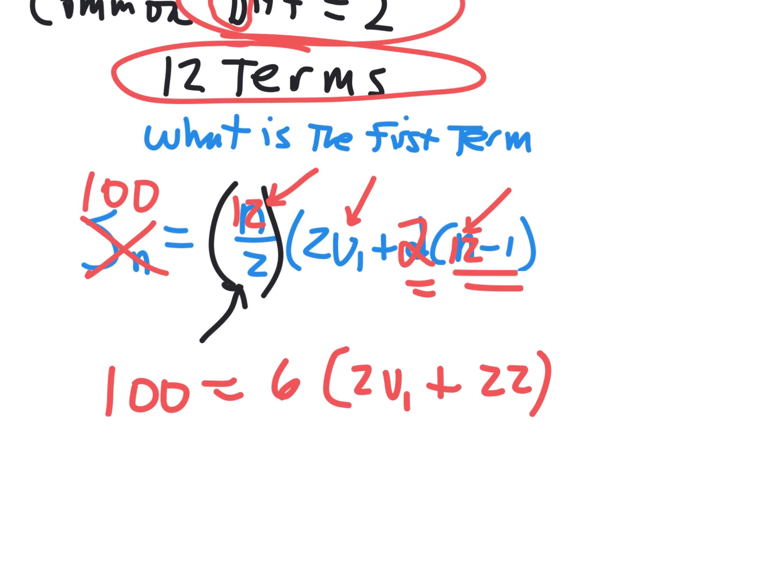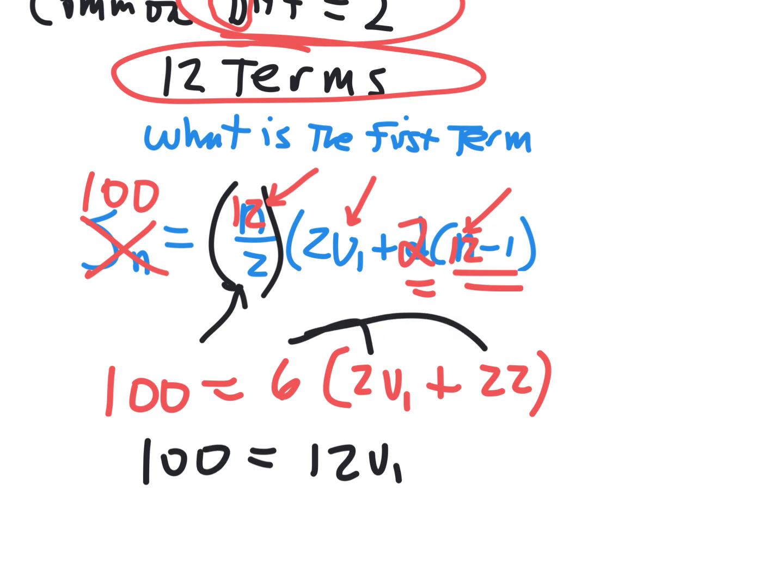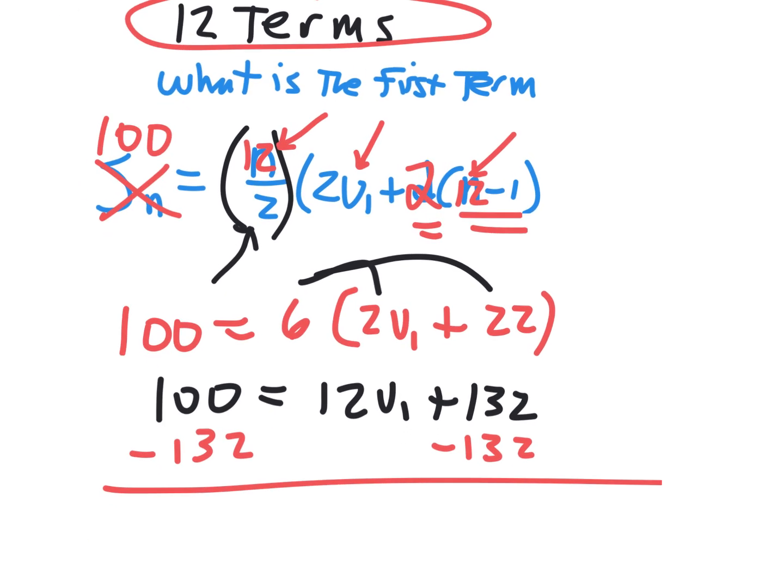If you didn't have a 22 in your answer, you're probably doing it wrong. Do you guys get 132 in your problem? Good. Six times 22 is where I got the 132. I just did it in my head, so I wanted to check with somebody.